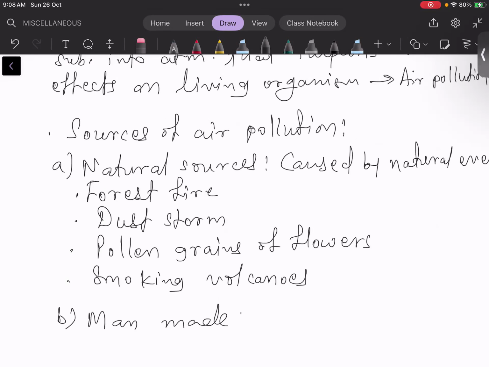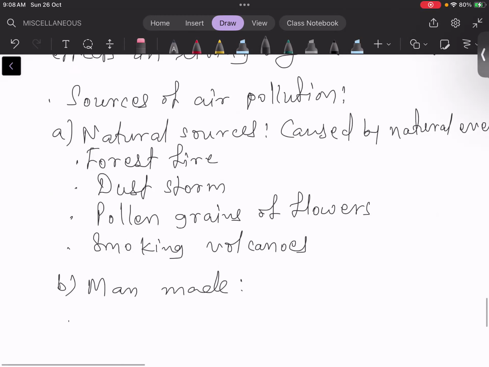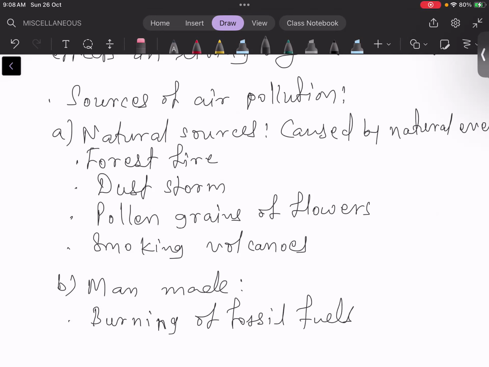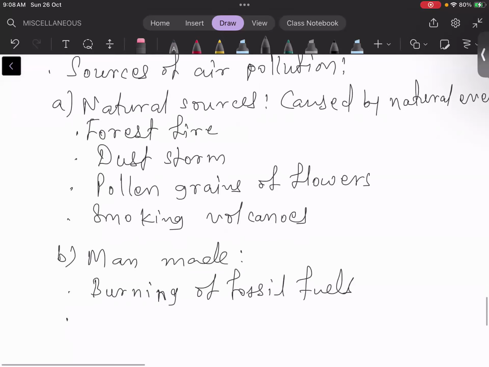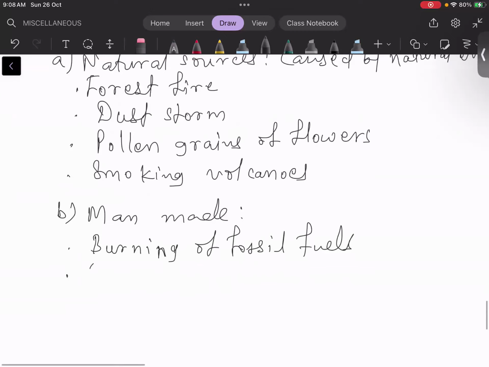Then next one is man-made sources of air pollution. It includes burning of fossil fuels in industries, vehicles, thermal power plants, etc. Then emissions from industries.